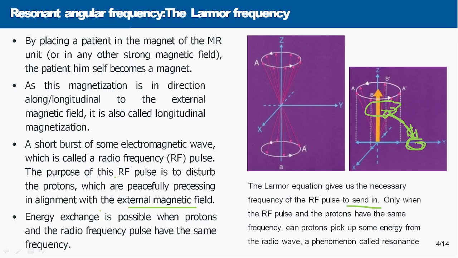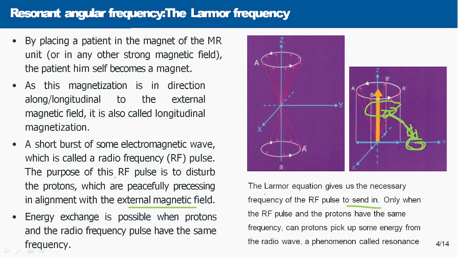The energy exchange is possible when this proton and the radio frequency pulse have the same frequency. That means energy exchange between this proton and the RF signal which has been applied here will occur when these two have the same frequency. That process is called resonance, and this resonance frequency is known as Larmor frequency.